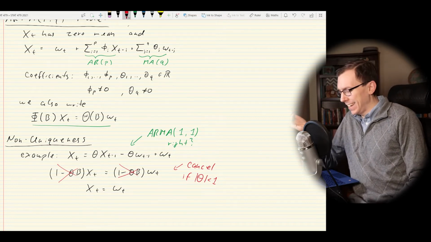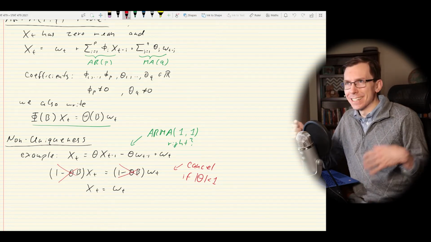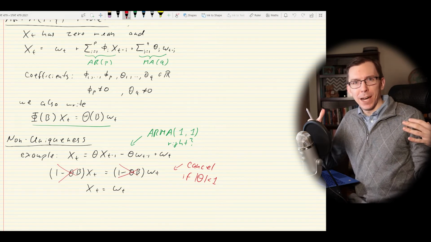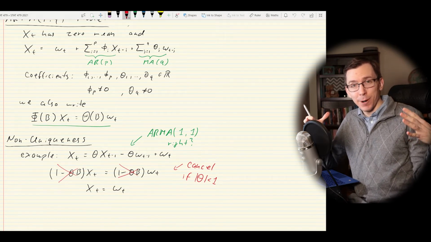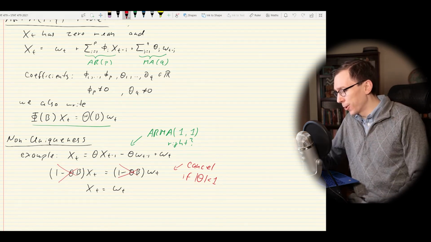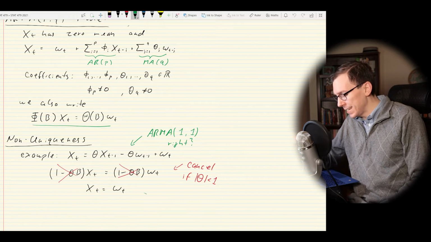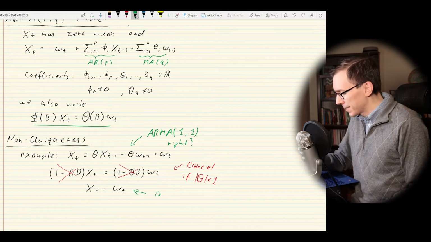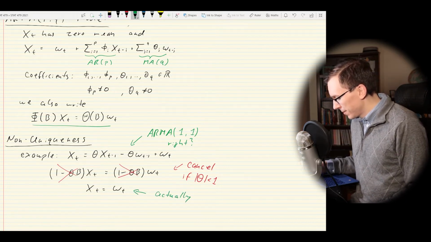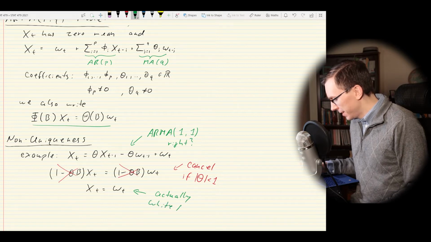Otherwise, you can't necessarily divide by it because the power series will have a radius of convergence smaller than 1, so it doesn't work. But in the case that theta is less than 1, you can cancel out both of these and you end up with just x_t equals w_t, and that means it's actually white noise.